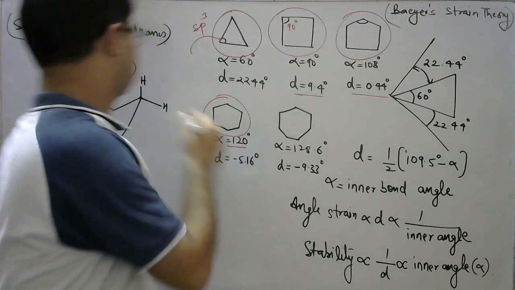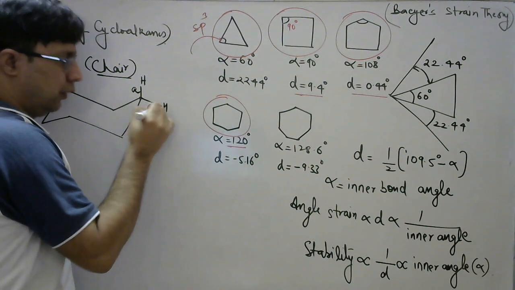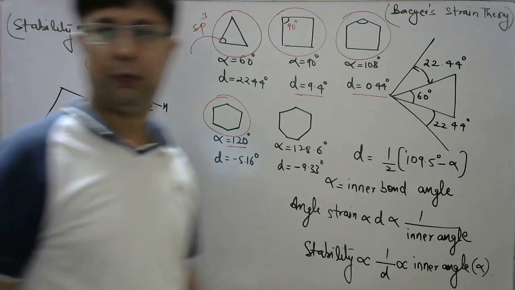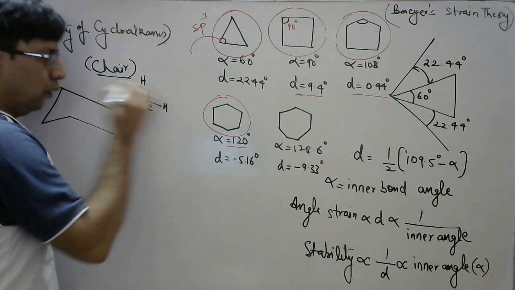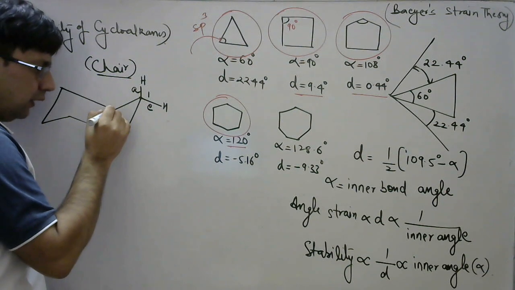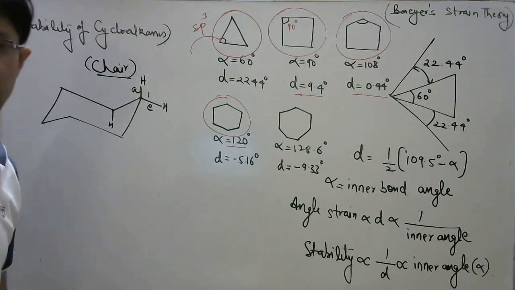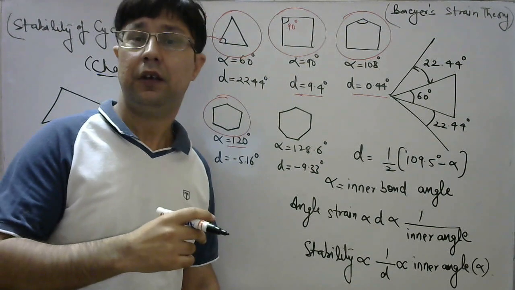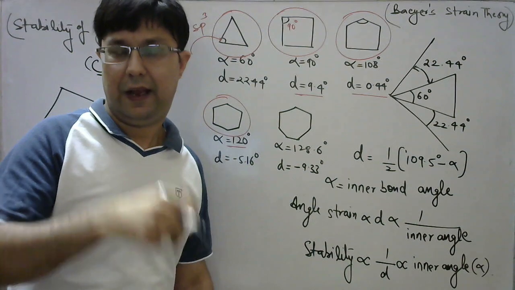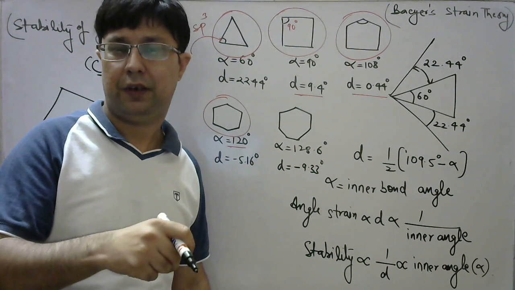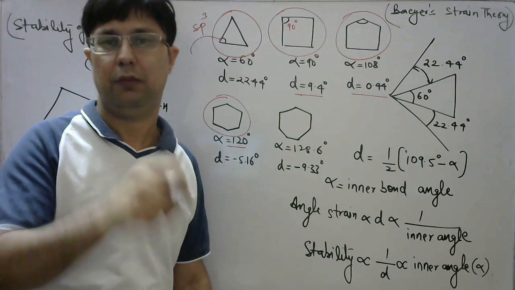So if I consider this carbon atom, this is axial and this is equatorial. Got the point? Let's say this is the first carbon atom over here. If I say this is the second carbon atom, this carbon-hydrogen bond is said to be the axial bond, as it is present below the plane of the molecule. Any bond that is present perpendicular to the plane of the molecule will be said to be an axial bond.